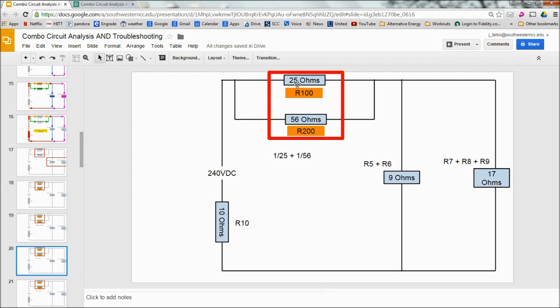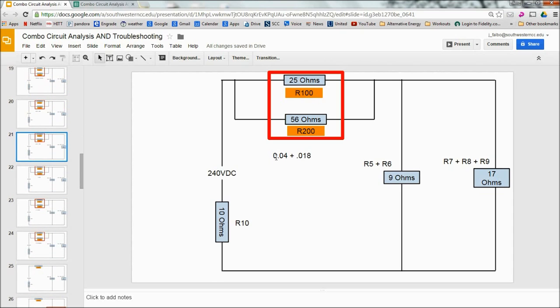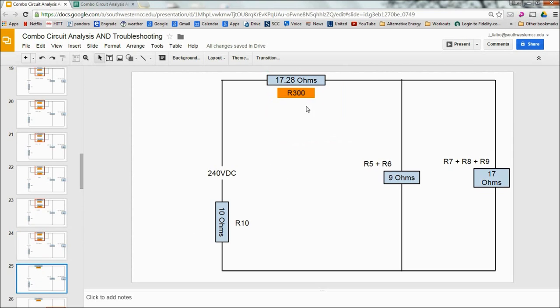So it's 1 divided by 25, 1 divided by 56, which translates to this, which translates to this. Then you take the reciprocal of that value, and that ends up being this. So the total resistance of this branch is this, and we give it a virtual resistance identifier as R300.